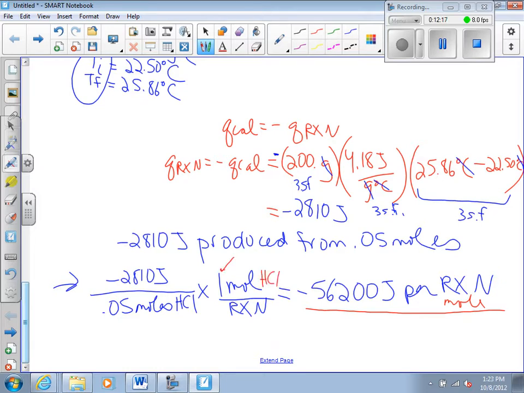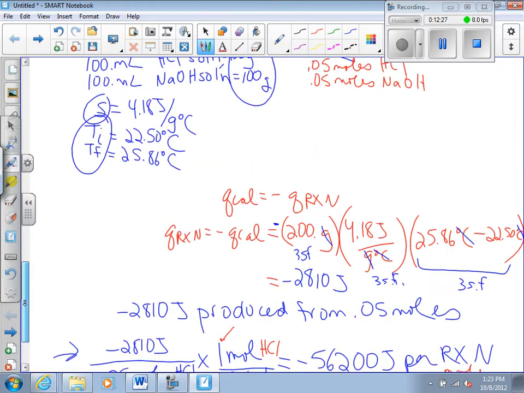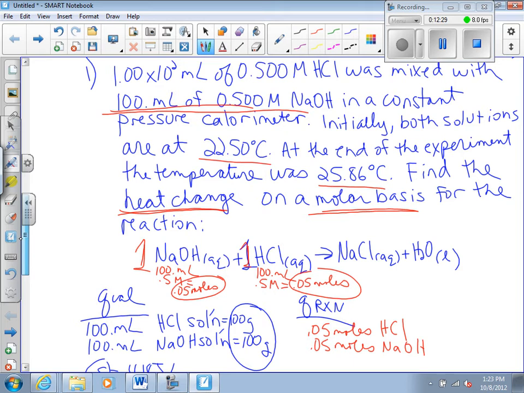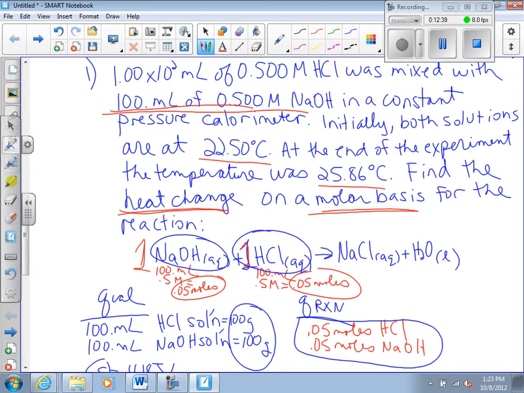You might be wondering, why didn't I add together the moles of HCl and the moles of NaOH? If you're not wondering that, you can fast forward through this part of the discussion. But let's look back up here. Note I had 0.05 moles of 2 different chemicals. And in this chemical reaction, I need both of those chemicals to react in order to make some products.